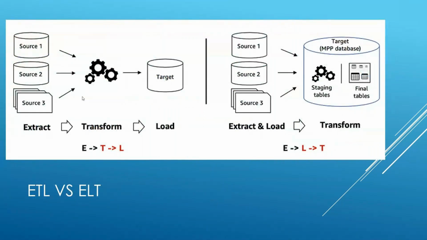As I told you, the transformation takes place in the middle here: extracting the data from sources, transforming the data, and loading that data into the target database. Whereas in the ELT process, first we load the data into the target, then we perform the transformation. This T comes after loading: extract and load, ELT.